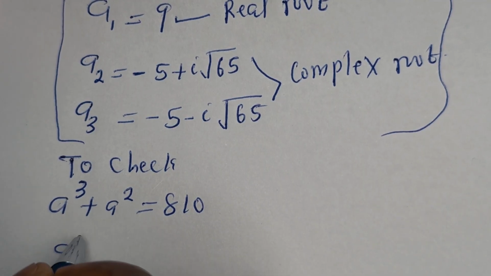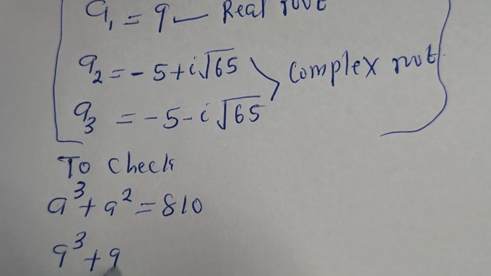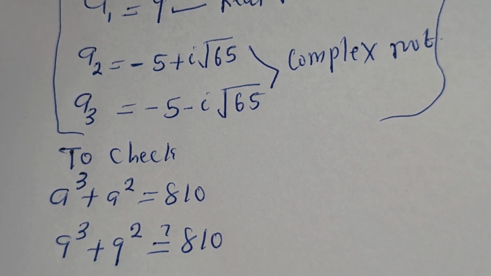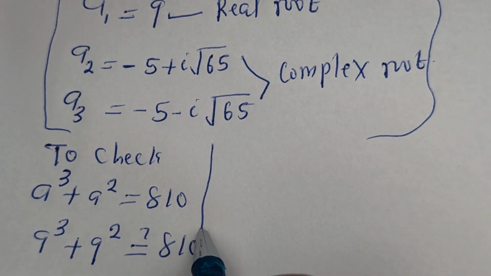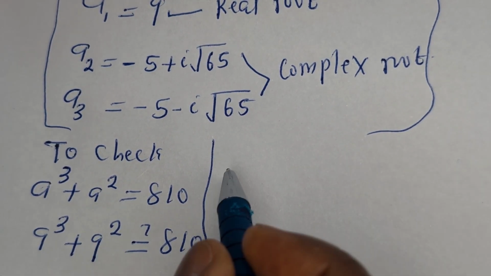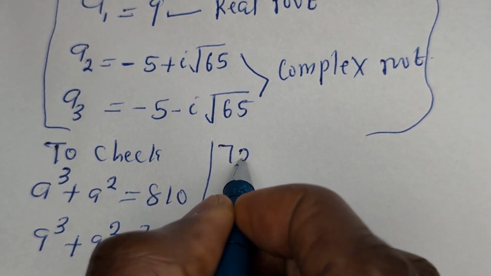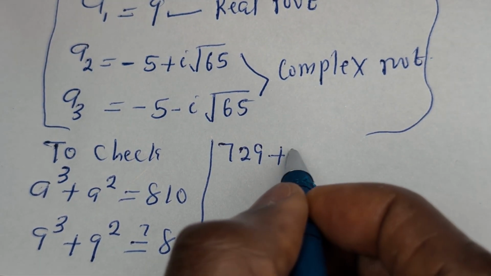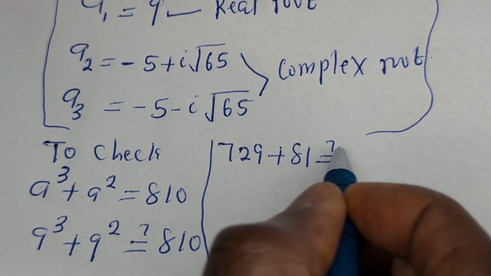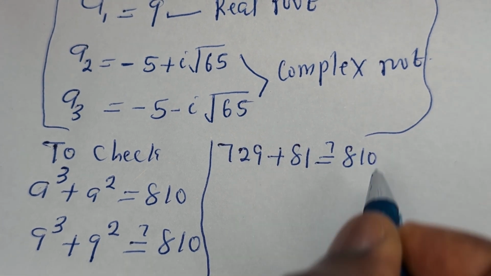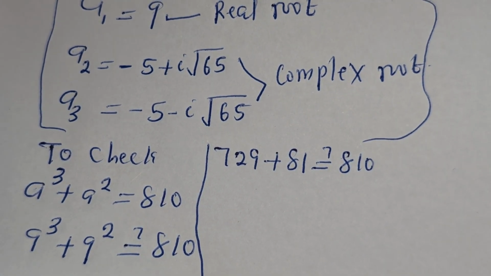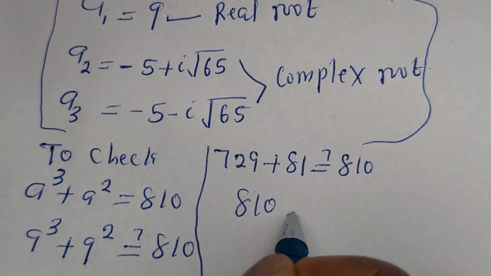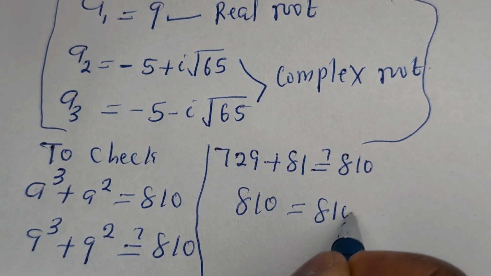This is 9 raised to power 3 plus 9 square must be equal to 810. 9 raised to power 3 is 729, plus 9 square, that is 81, must be equal to 810. Therefore, if you add 729 plus 81, this is 810, is equal to 810, which is true.